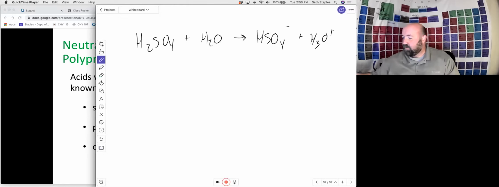So we've seen that before. That HSO4 minus can still go on to react with more water to form SO4 2 minus.